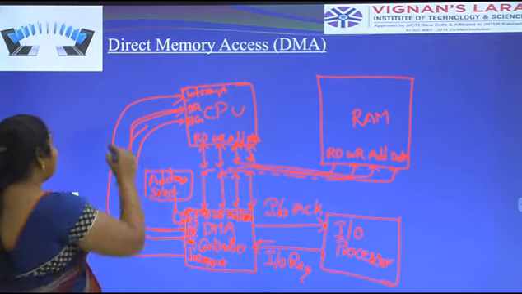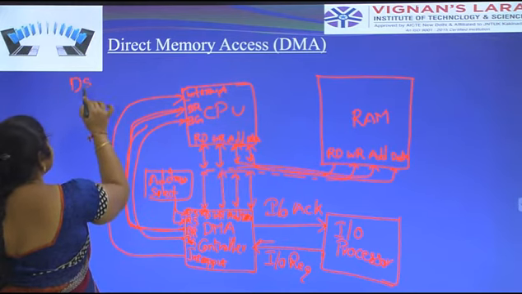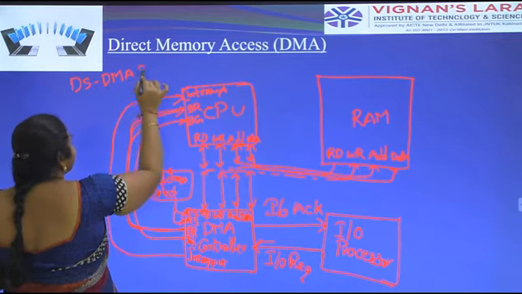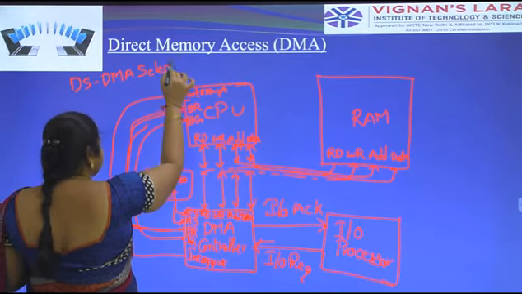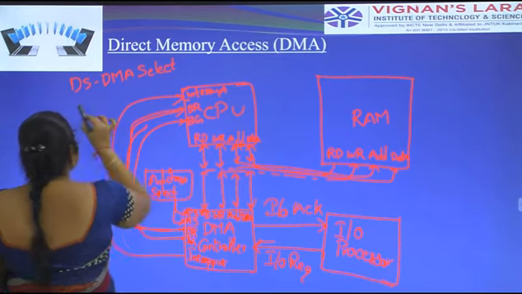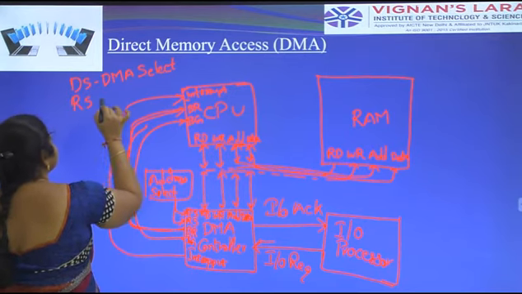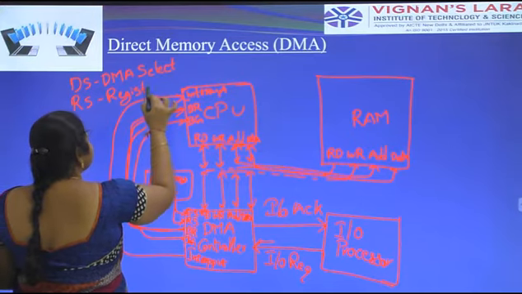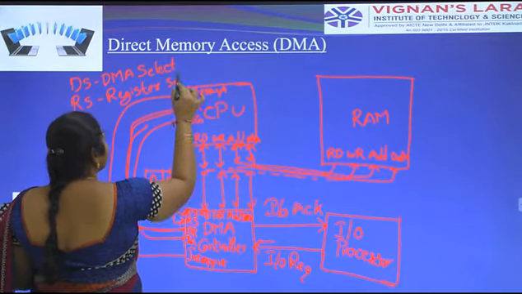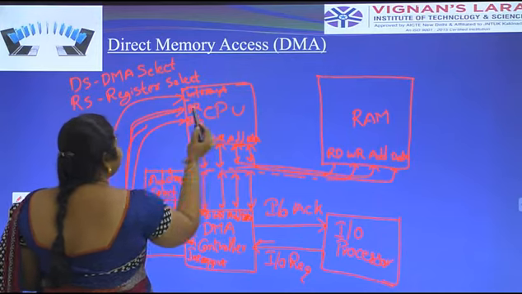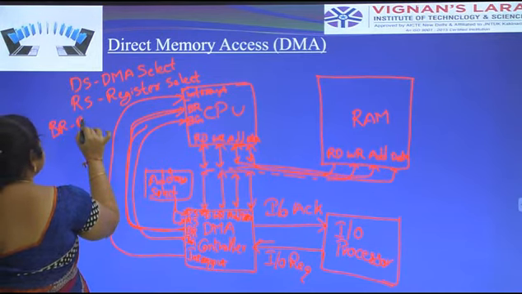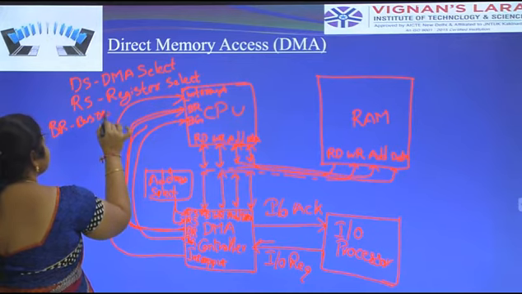DS means DMA select, direct memory access select, and RS means register select. BR means bus request.